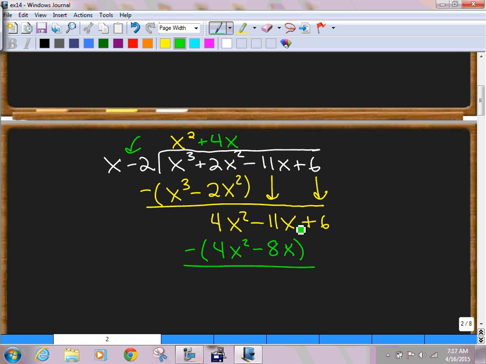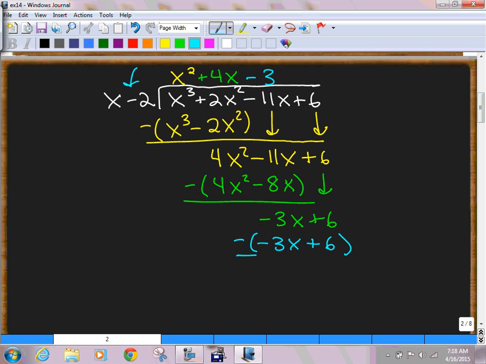Negative 11x minus a negative 8x would make negative 3x. Bring down the 6. And then we would get a minus 3 here. Again, by design, we get the same term there, and then this will make a positive 6.